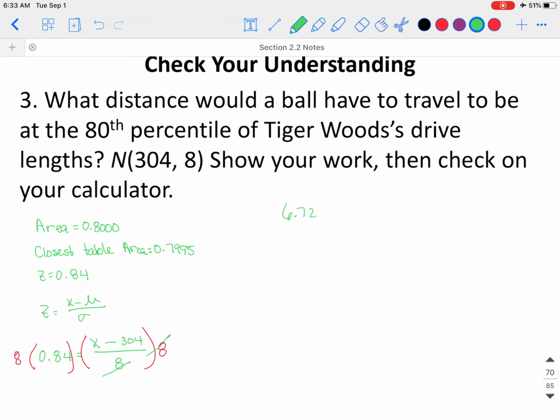This is going to leave me with 6.72 is equal to x minus 304. Next, we're going to add that 304 to both sides, and that's going to give me 310.72 is equal to x, or a ball in the 80th percentile would travel around 310.72 yards.